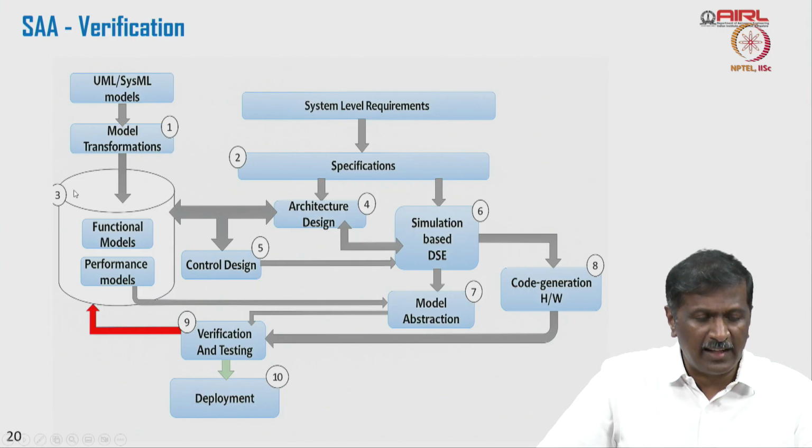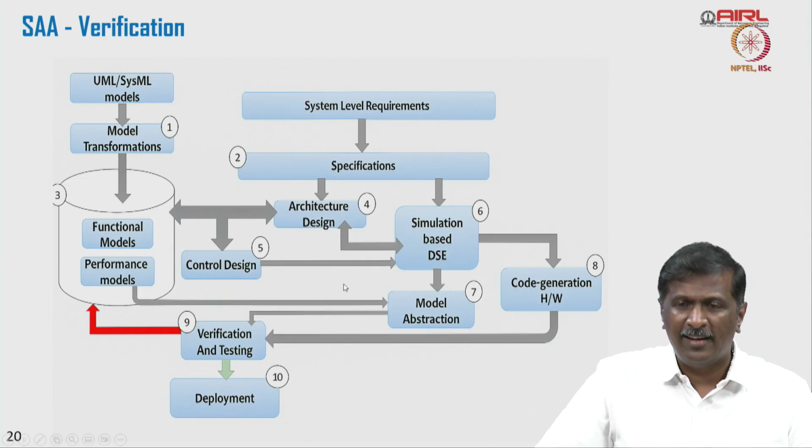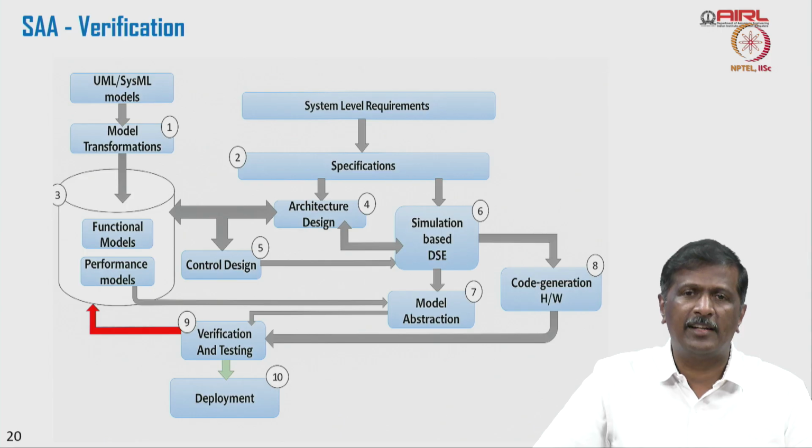I have to abstract this functional requirement and the context, generate the code and put it in hardware to verify: am I able to detect in real time, am I able to generate the trajectory in real time, right? Then only I can look at the deployment aspect of it.